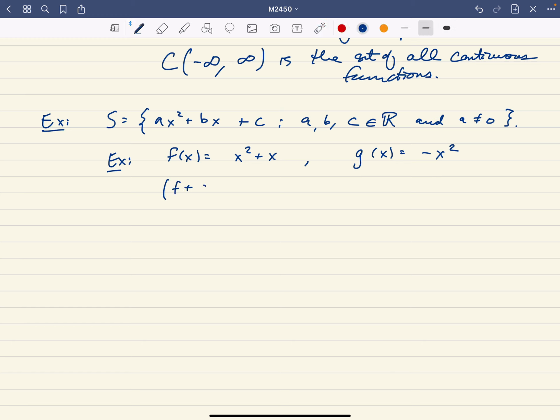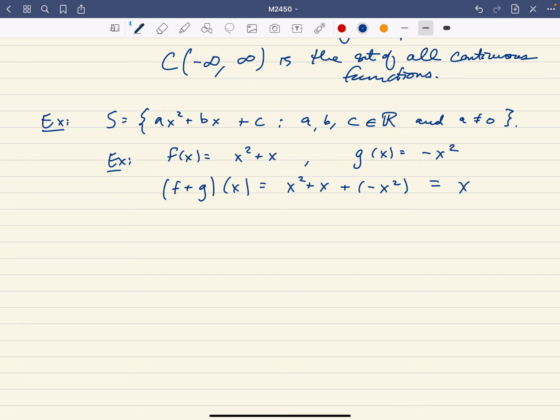Well, f plus g is going to be x squared plus x plus negative x squared. So of course we just get x. But x is a first degree polynomial. So somehow when we added two elements from our set S, we got something that was outside of S.